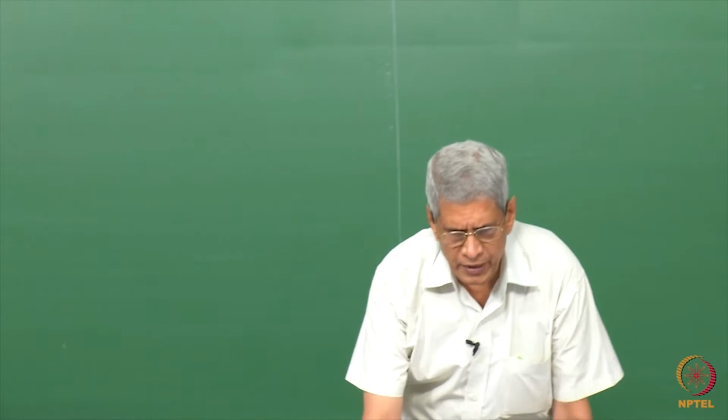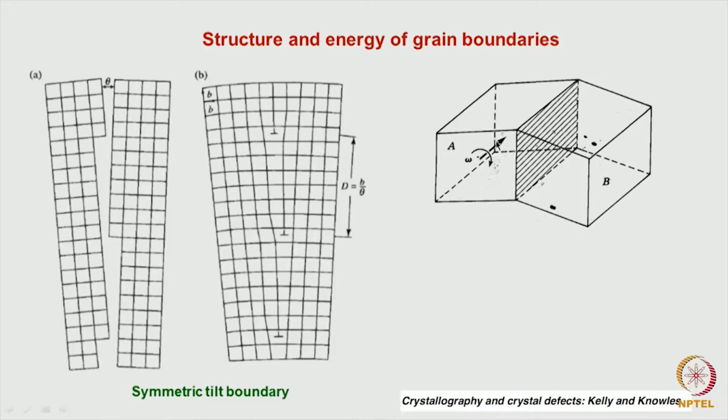That is what is being shown in this diagram. That is around an axis which is in the grain boundary plane. We are now rotating it by an angle, so this angle could be very small.